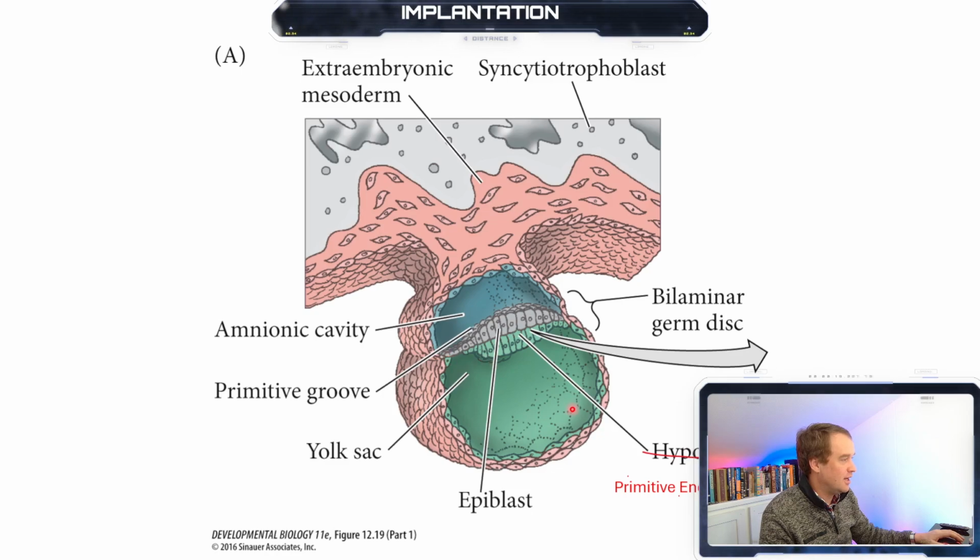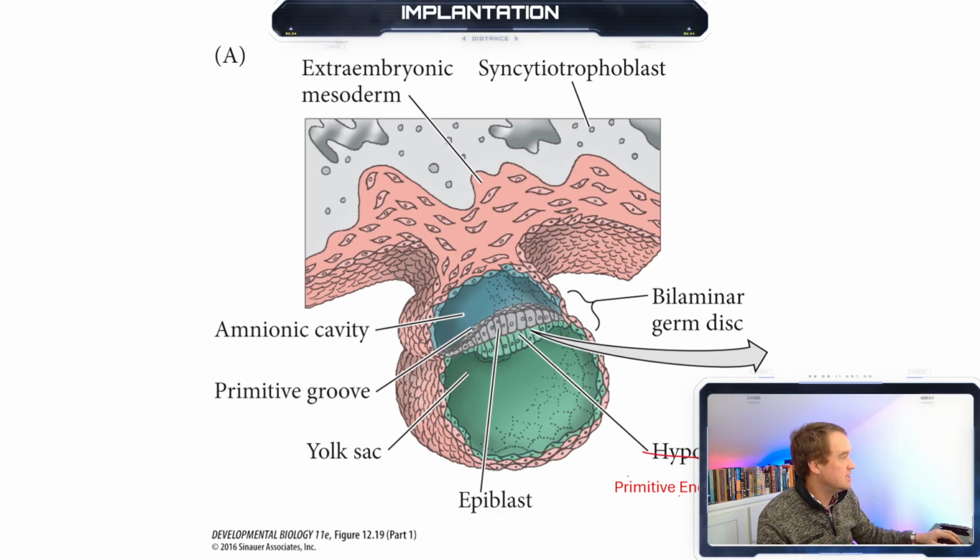And so the first segregation of cells within the inner cell mass forms two layers, which is the primitive endoderm, which I have labeled here because it's mislabeled here, the primitive endoderm and the epiblast. And so this forms what's called the bilaminar germ disc. Like I said, we'll get a little more into this when we get into the gastrulation part. But this happens, for context, at the very early stage of implantation.